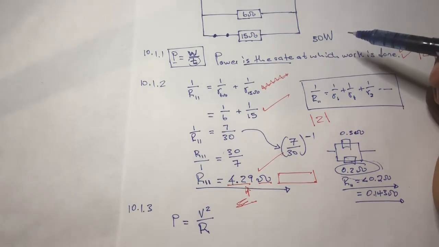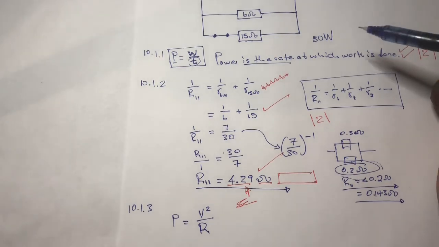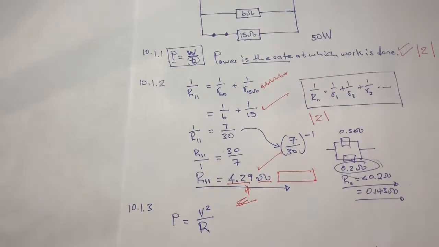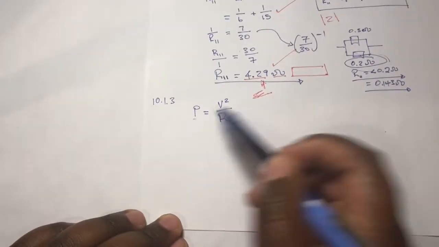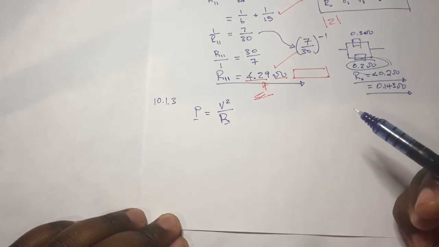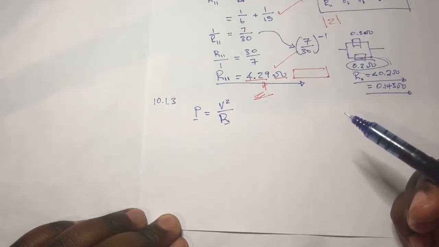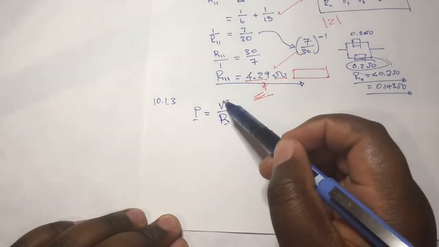So now I've got two things that I know about this parallel connection, which is the total power dissipated. I also know the effective resistance of that parallel combination. So I can obviously calculate the voltage.